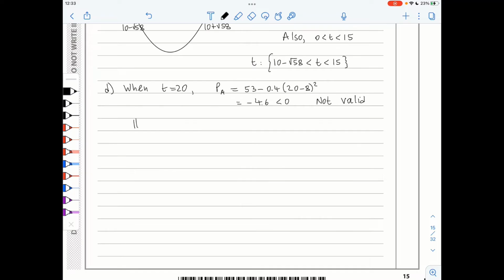And hence the model should not be used for t is 20. Alternatively, someone could say that we have been told that it's valid for the first 15 years, so I wouldn't be using it for the 20th year to predict the profits.